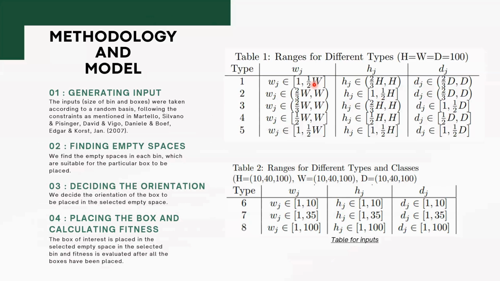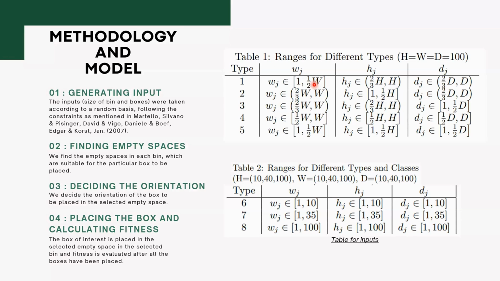So the basic methodology of my research was basically in four steps. First was the generation of inputs. As I mentioned in the previous slide, I generated input using a randomized process. This process was also mentioned in the research paper by S. Martello and was also mentioned in a research paper in 2007.